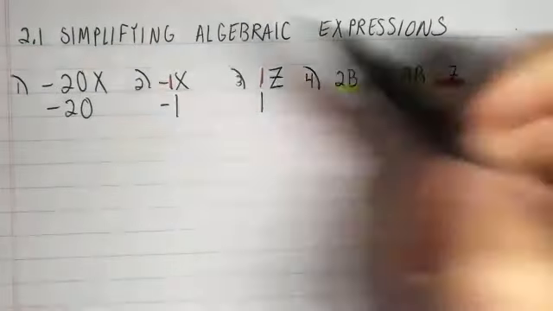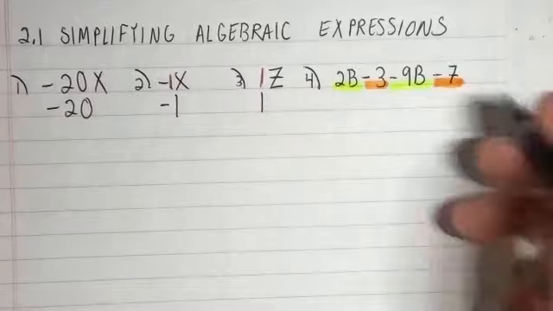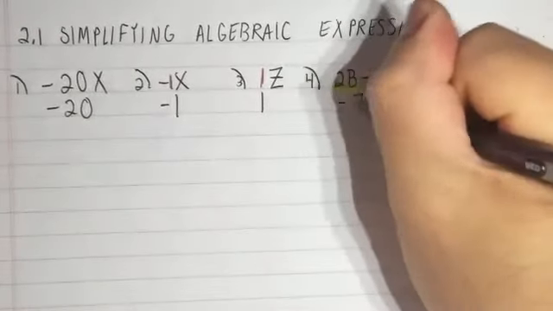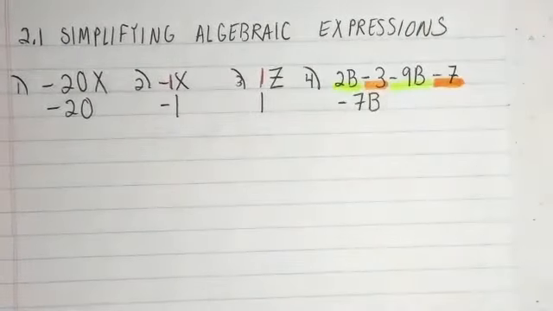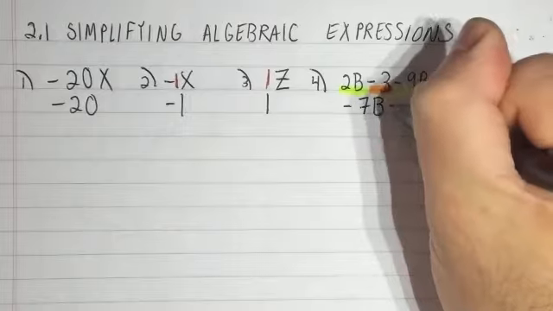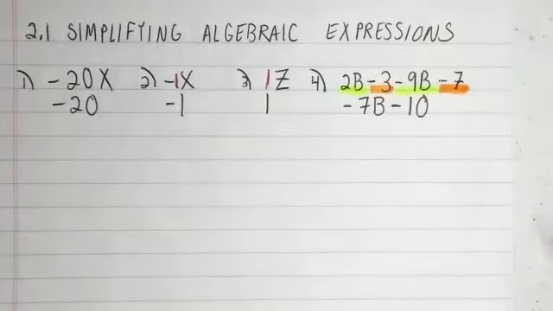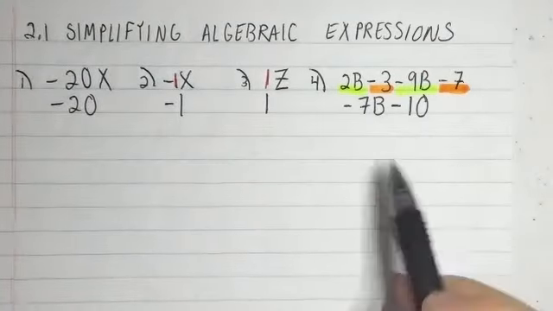So 2b minus 9b is going to give me a -7b. And if you don't know why that is, I would go back and review some of the previous videos where we talk about that. And then a negative 3 minus 7 is going to give me a negative 10. Okay, and sometimes I always say this is the hardest part because you stop here.